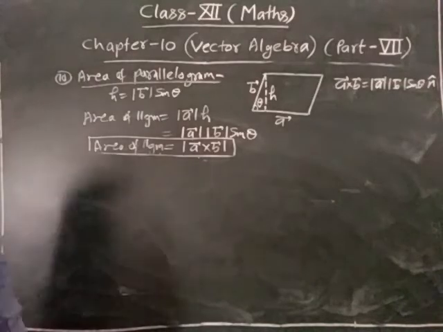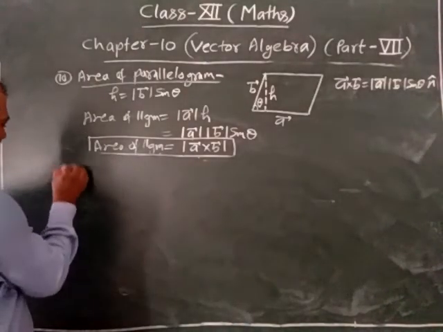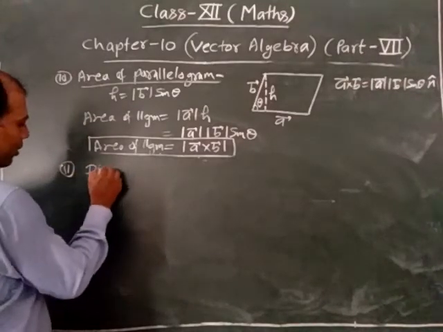Distributive property. The next observation is 11, the distributive property.